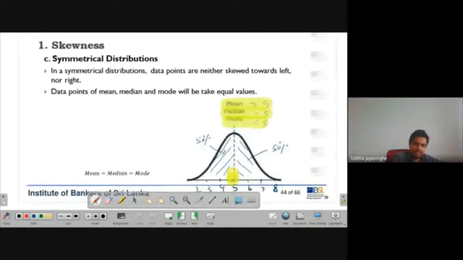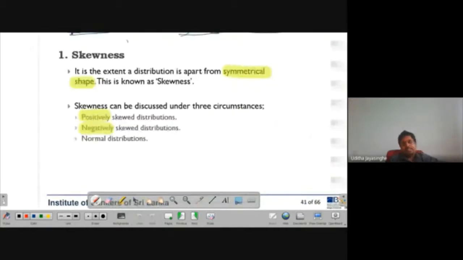So quickly recapping, positively skewed distribution, negatively skewed distribution, or normal distribution is what we can observe from the graphical point of view when you try to plot single variable data and try to understand where the data is being concentrated or clustered.